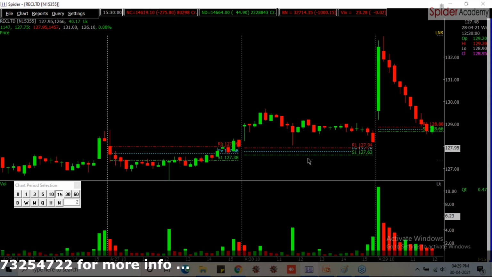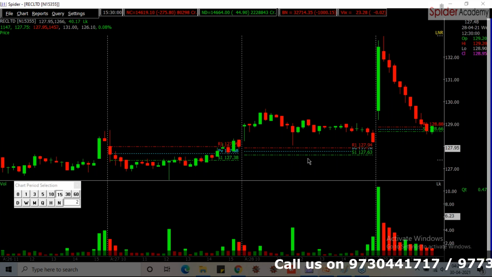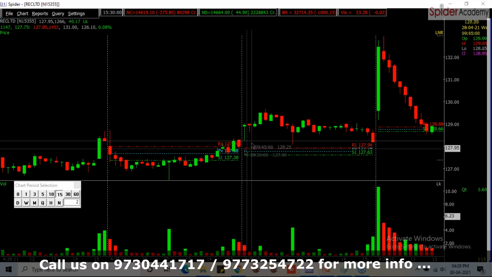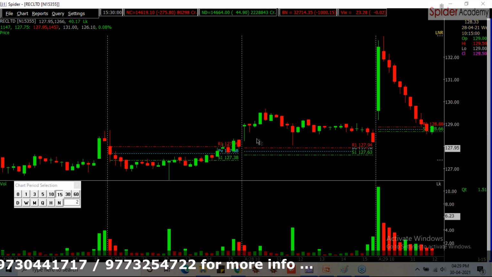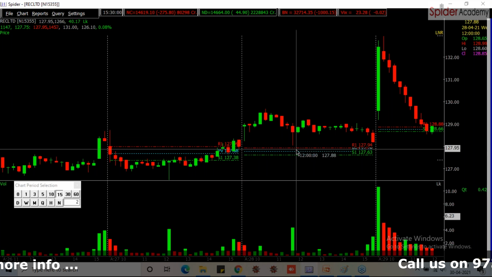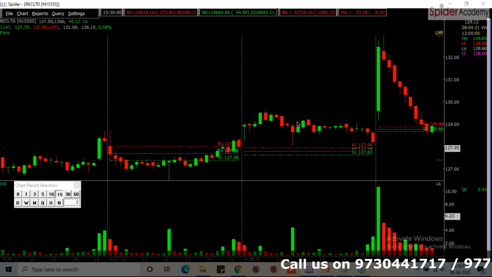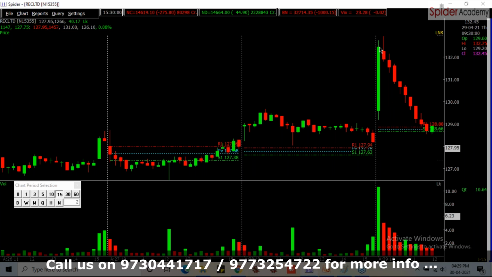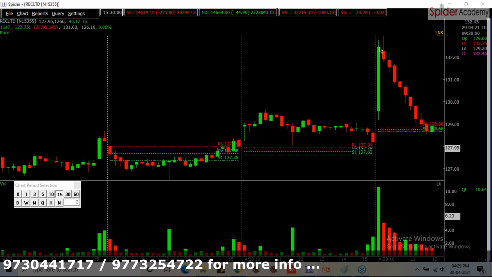So what does this CPR tell us? It is called a virgin CPR, which means the stock is very strong. Whenever it comes to the bottom level or the top level for today, it sharply reverses from there. And on the next day, on 29th, we can see we got a gap up and a strong up move coming over there.